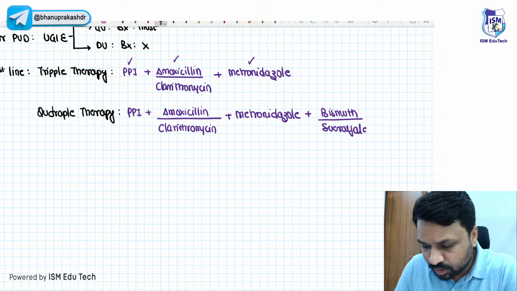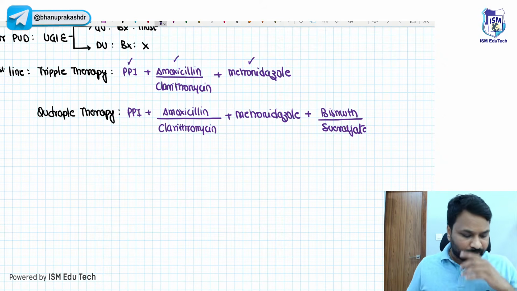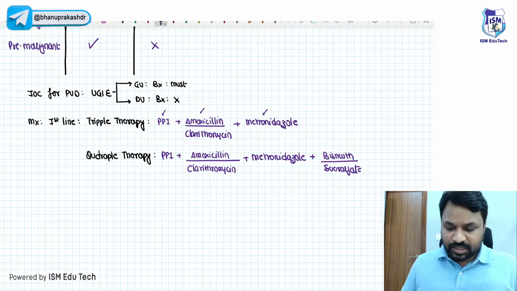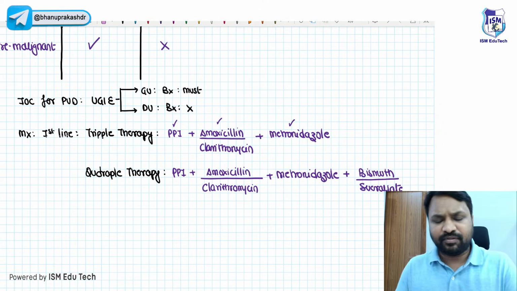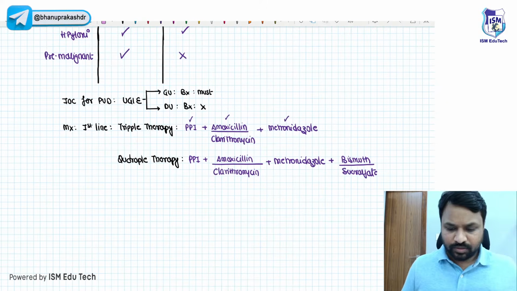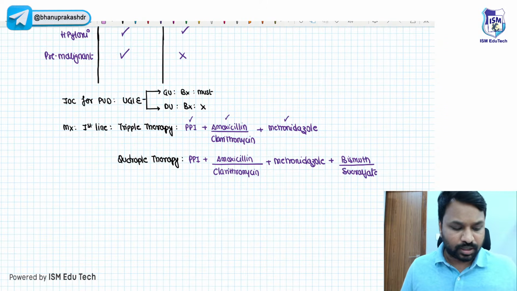Okay, so these are the treatment objectives for peptic ulcer disease. If it is refractory, we'll go with surgery. Okay, so this is with respect to peptic ulcer disease.